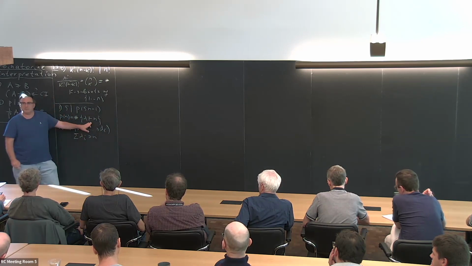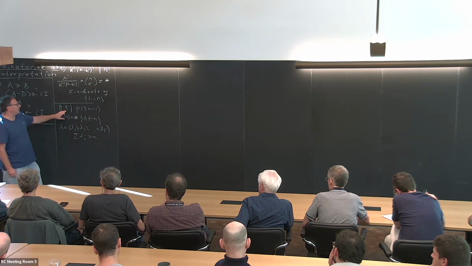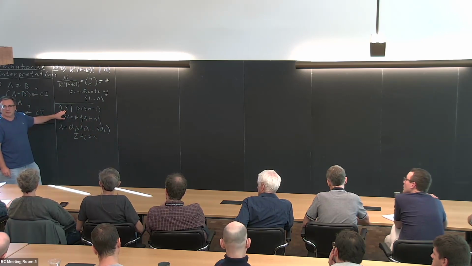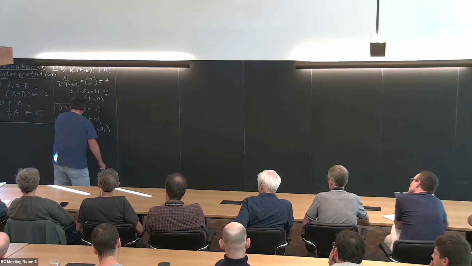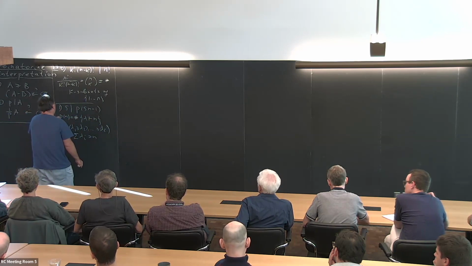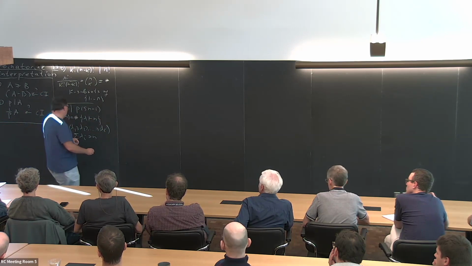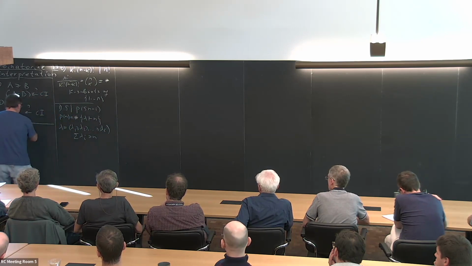That's what I mean by a partition of n. Once you write that, it's not obvious at all. That's a theorem. That's one of Ramanujan's congruences. So let me write here.